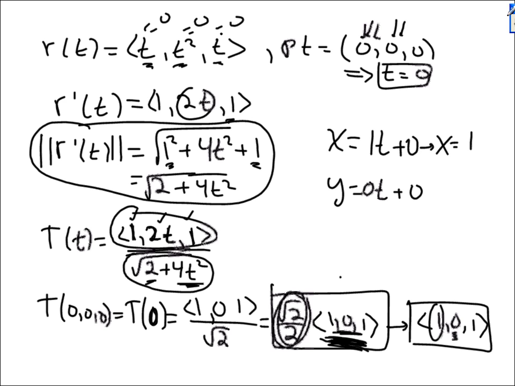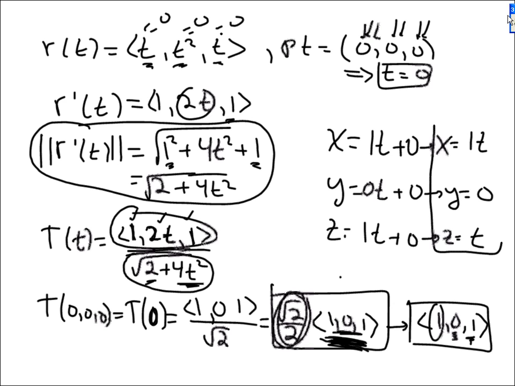That is, x is 1t, or t, y is 0, and z is 1t plus the 0 value of the point. That's just t. The x is equal to t, y is equal to 0, and z is equal to t. That's the equation in parametric form of the tangent line to r of t at the point 0, 0.